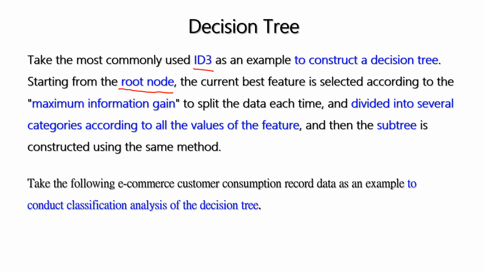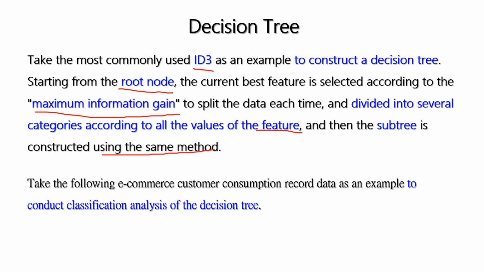And the current best feature is selected according to the maximum information gain, okay? To split the data each time and divide it into several categories according to all the values of the feature, okay? And then the subtree is constructed using the same method.